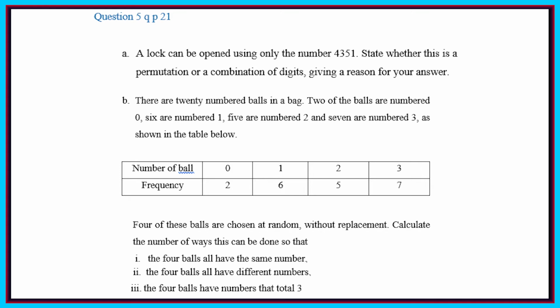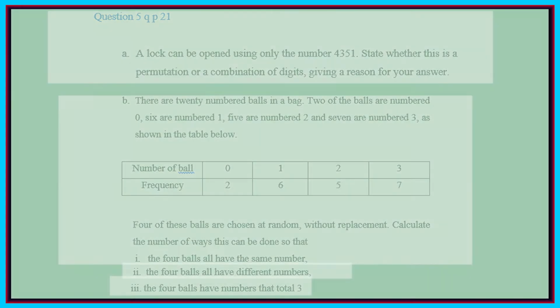B, there are 20 numbered balls in a bag. 2 of the balls are numbered 0, 6 are numbered 1, 5 are numbered 2, and 7 are numbered 3, as shown in the table below. 4 of these balls are chosen at random without replacement. Calculate the number of ways this can be done so that the 4 balls all have the same number. The 4 balls all have different numbers. The 4 balls have numbers that total 3.